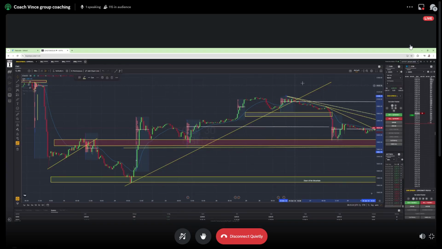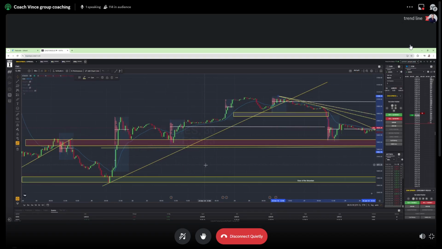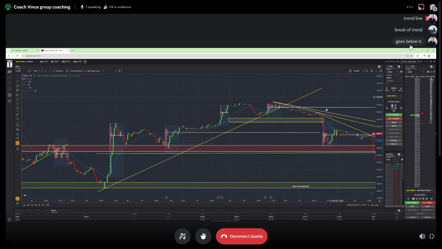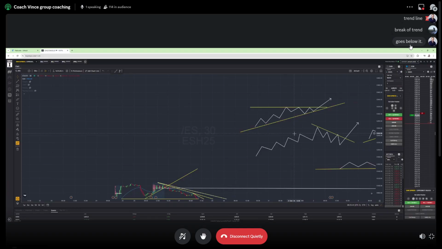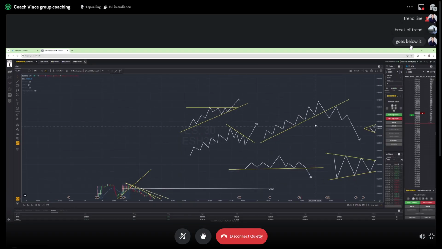What do we have here? Right. We have a trend line, and then what happens to this trend line? What happens? Right. We have this, right? A reversal.